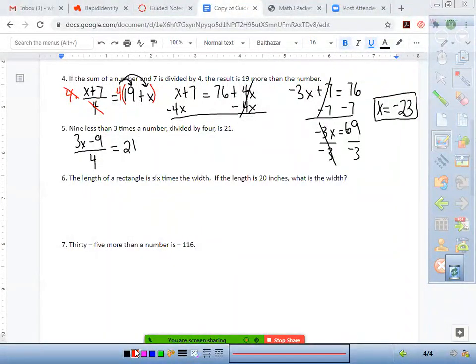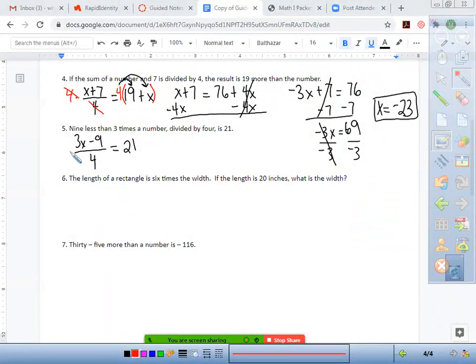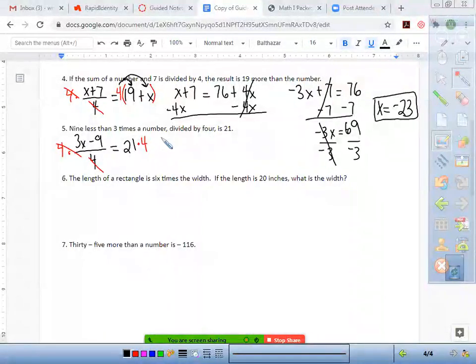So now that we've got it written, from there, how are we going to solve it? All right, multiply by 4 on both sides. So we end up with 3x minus 9 equals 84.